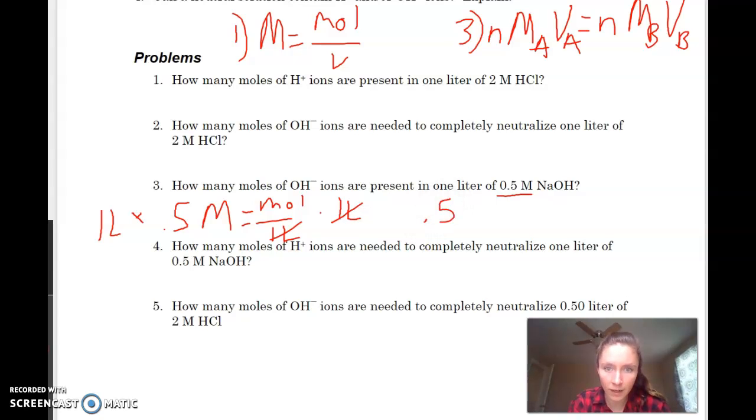So 0.5 moles of sodium hydroxide is how many moles of ions are present. So we just used equation 1 because we only had one substance. And that's it.